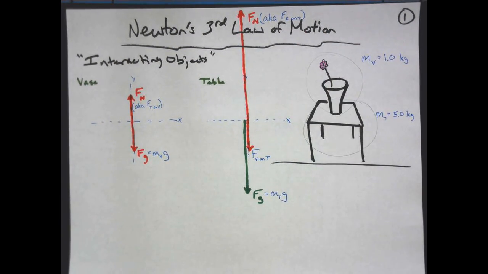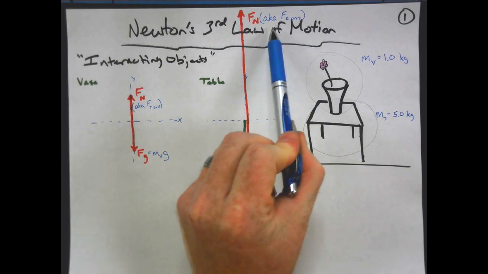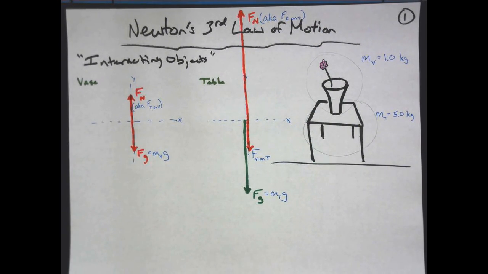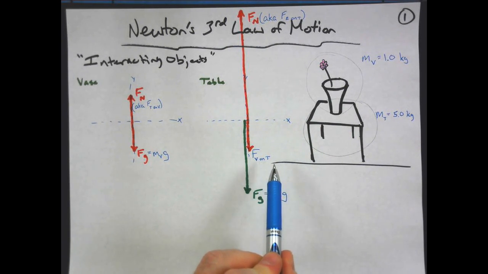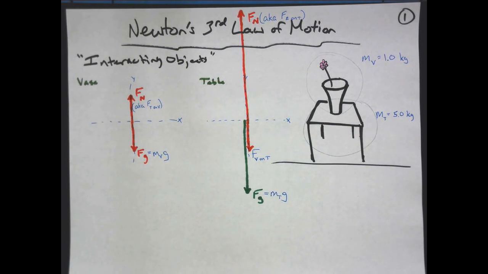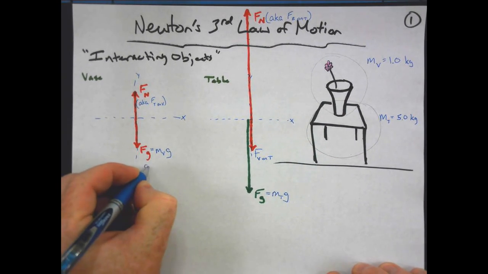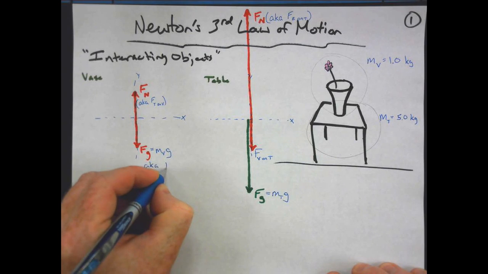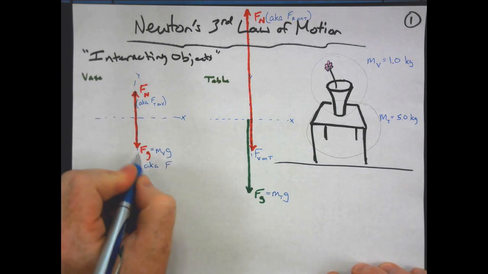Okay, so we're starting to label forces, or at least talk about them, so that we can understand the force of what acting on what. It's caused by one thing that's acting on another, right? I haven't done that with these forces. This one is a force acting on the vase, but what's causing this?